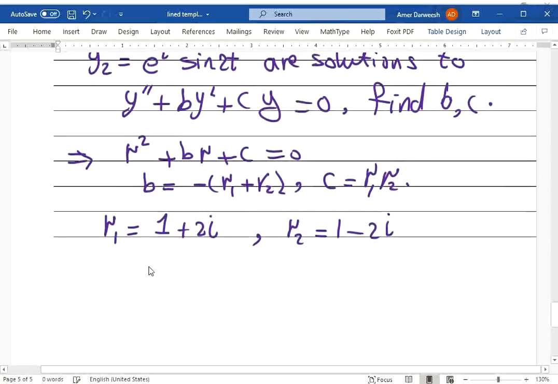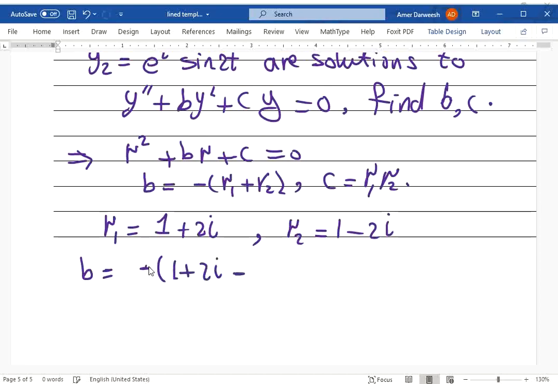So using now the fact, b equals minus the quantity 1 plus 2i plus 1 minus 2i. Now cancel out, we get minus 2. So the constant b is minus 2.